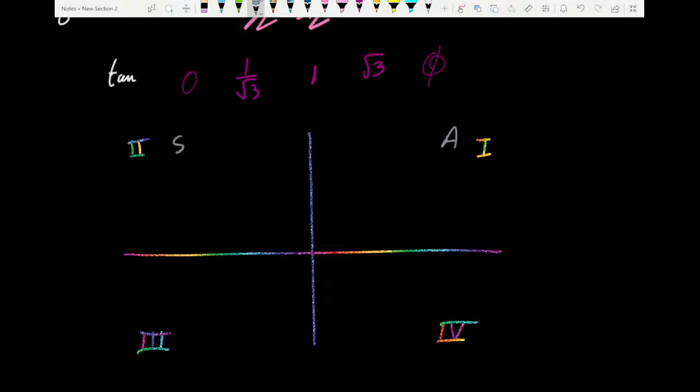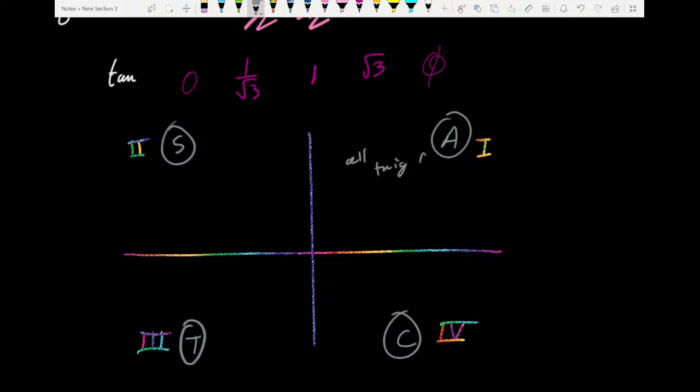All Student Takes Classes. These are very important. The reason I say that, all trig functions are positive here in quadrant 1.